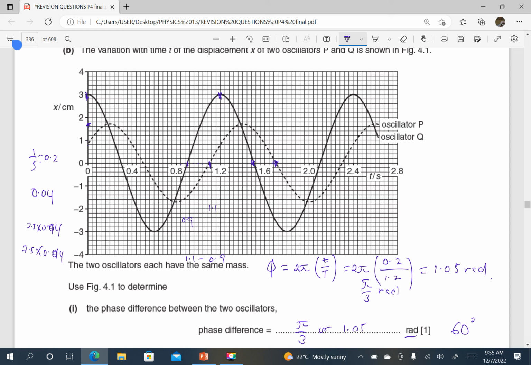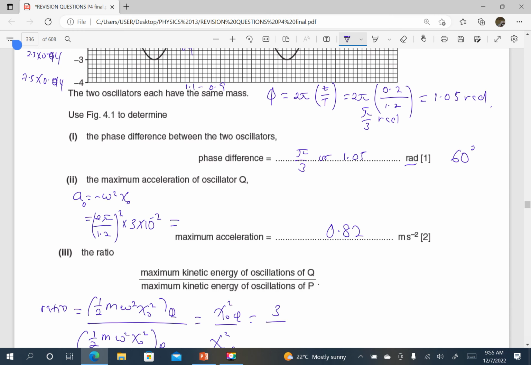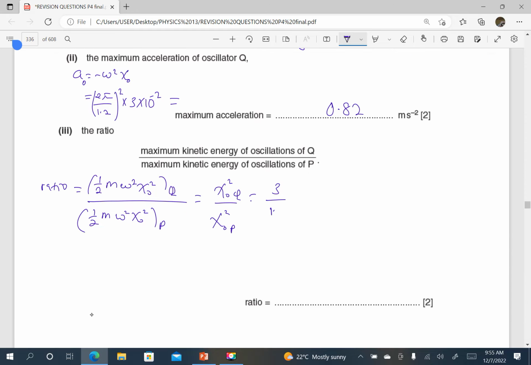It's 1.7. So this is 1.7 in the center here, because the amplitude is here. So that is 3 over 1.7. I just press my calculator. Oh, by the way, this is squared and this is also squared. So from my calculator, the ratio is 3.1. That is the ratio.